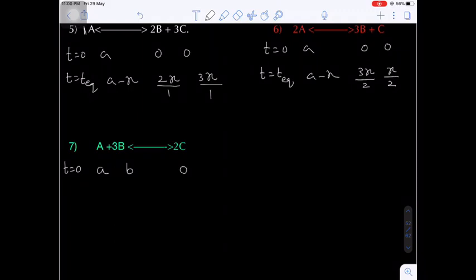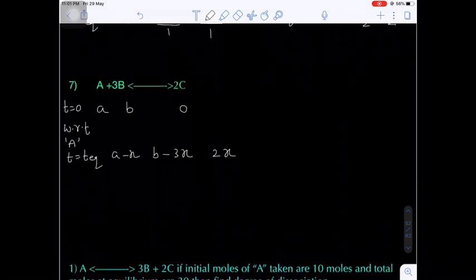Let's suppose I am taking capital A as the limiting reagent, so I am dealing with respect to capital A. Now let's suppose x moles of A decomposes, according to which 3x moles of B decomposes, because of the 1:3 ratio, so that 2x moles of C will be formed. This is with respect to A.